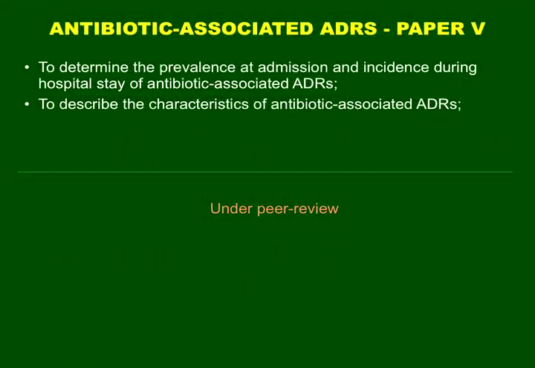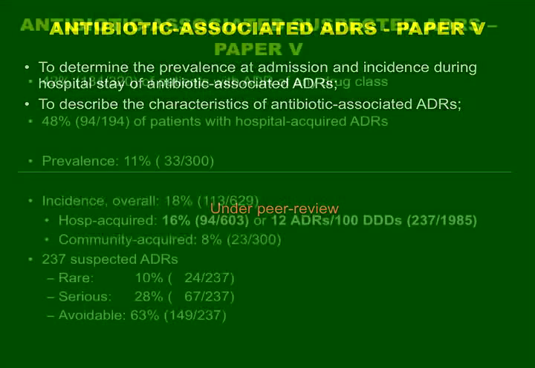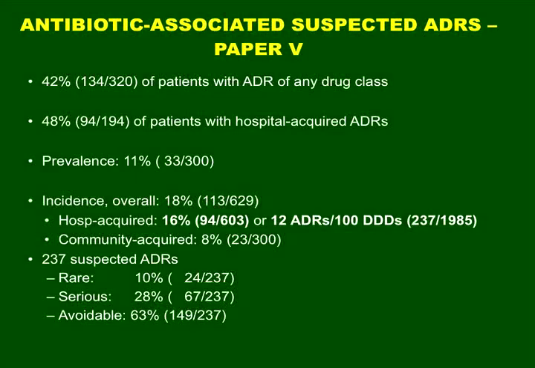The 5th study assessed the extent of antibiotic-associated ADRs and their characteristics. And we observed that half of the patients who had encountered a hospital ADR had also experienced an antibiotic-associated hospital-acquired ADR.